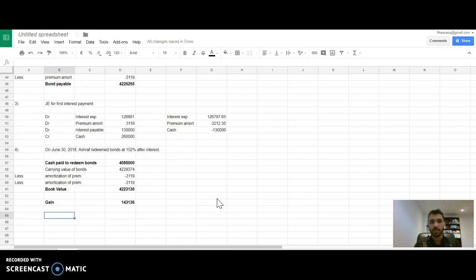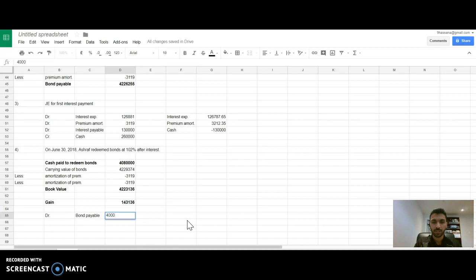Now, the way we're going to present this is we're going to keep an eye not on the cash flow part, because that isn't relevant just yet to you. We're going to focus on the journal entries that you would post. So when you retire your bonds, or you're early retiring your bonds like the example here, the first thing you need to get rid of is your bonds payable. You would get rid of the original face amount of the bond so that you can zero out that account.